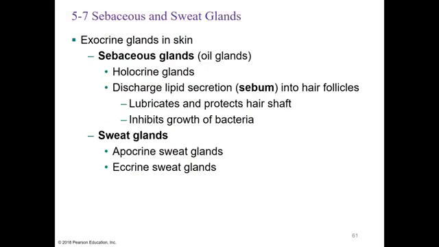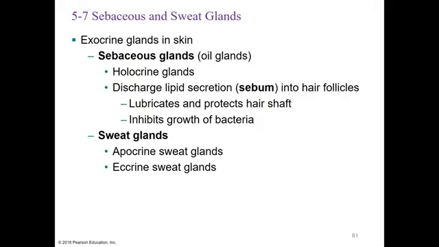Okay, so moving on to glands. Exocrine glands in the skin. Remember that exocrine means we secrete through a duct. We have sebaceous glands, which are oil glands, and they are holocrine. So again, back to chapter 4, holocrine meaning that the cells release the product, which would be oil, but the cells explode.